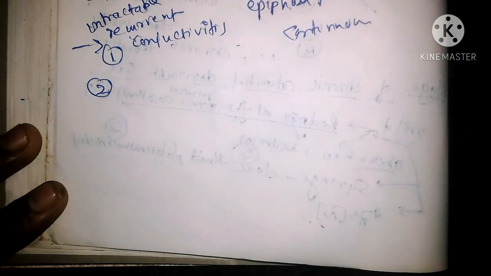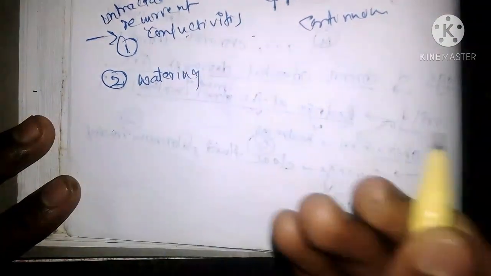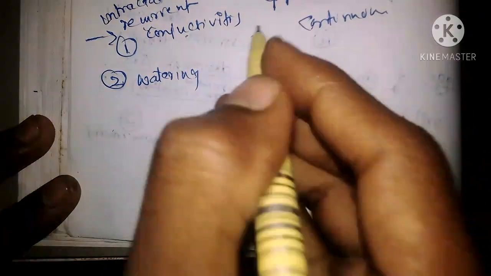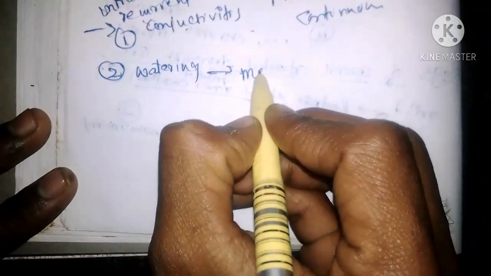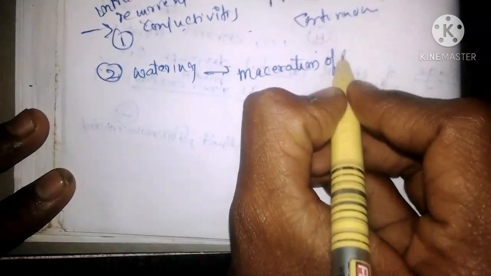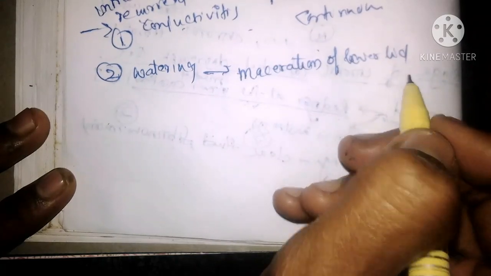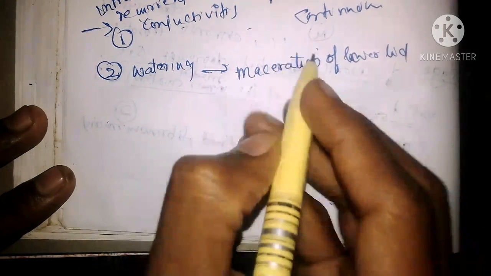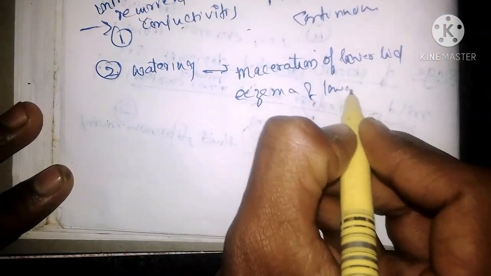Second one is, you see, there is continuous overflow of tear, or continuous epiphora. Due to this, there takes place maceration of the lower lid, or there will be eczema of the lower lid.